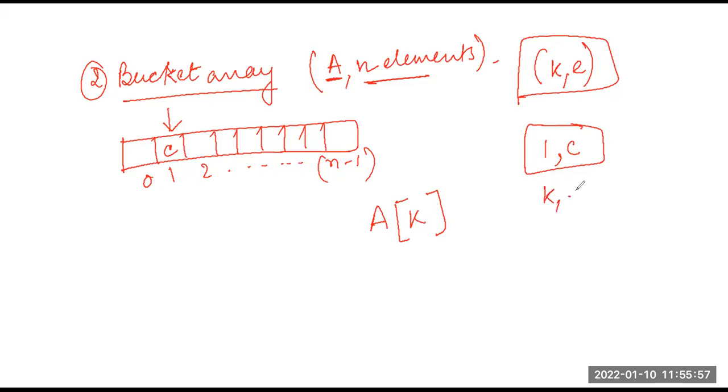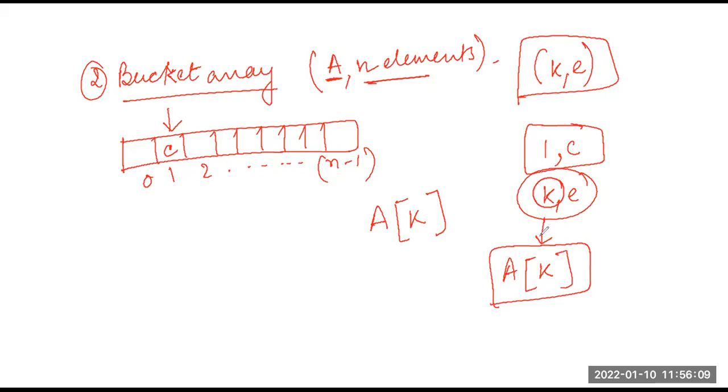So this is my key and element pair. Whatever the value of key, in that particular location my element will be stored. See, the value of my key was 1, so in index location 1 my element C was stored. This is the concept.